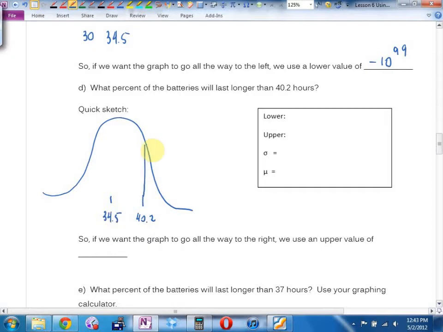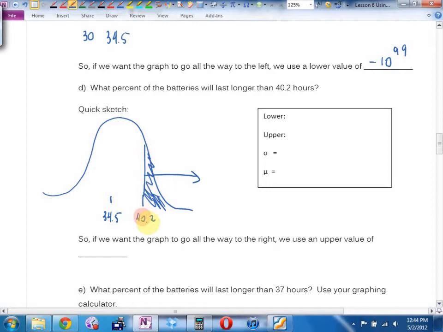Rachel, do we want all of the batteries to the right of 40.2 or to the left of 40.2? Yeah, how do you know? What's the word that tells you that? Longer. Yeah, so right, I told you the other day, bigger, greater, longer, taller, words like that, right? Okay. I want that area. Nikki, what's the lowest number? What's my lower value in this diagram here?